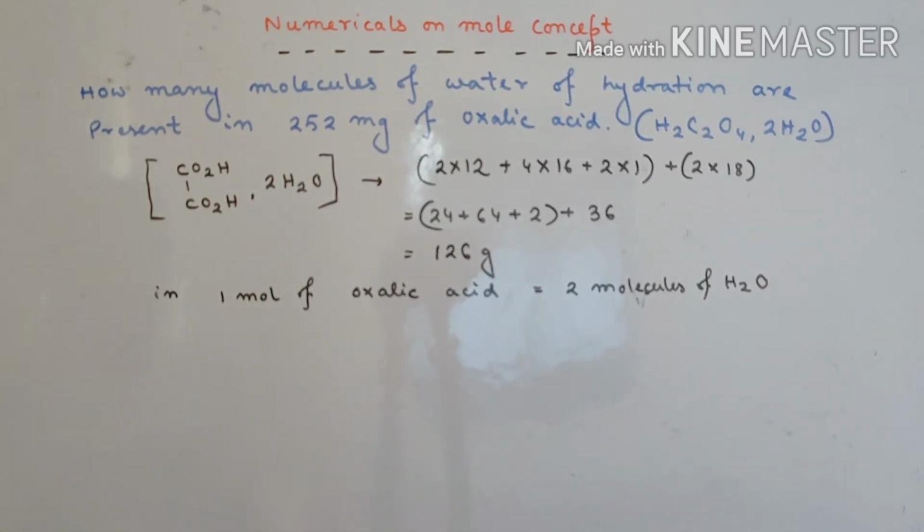So one mole of oxalic acid or 1 molecule of oxalic acid contains 2 molecules of water. You can say 2 mole also.